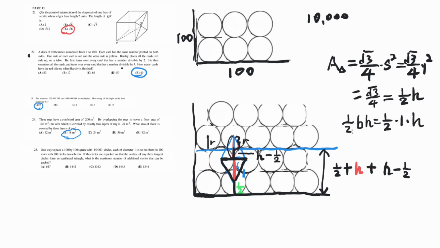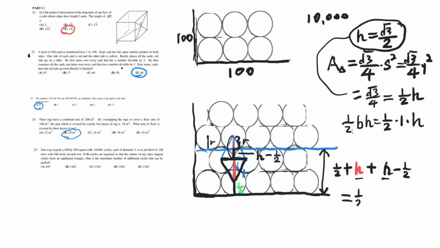So h equals both sides times 2, h equals √3/2. Now we can plug in h equals √3/2. We get 1/2 plus √3/2 plus √3/2 minus 1/2.